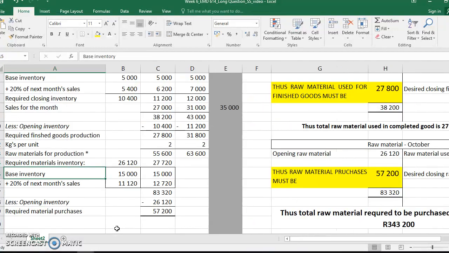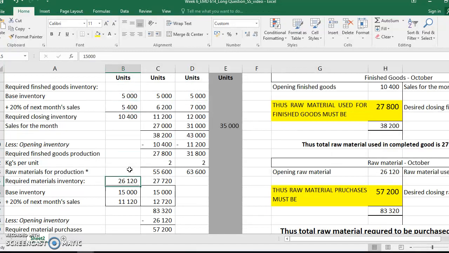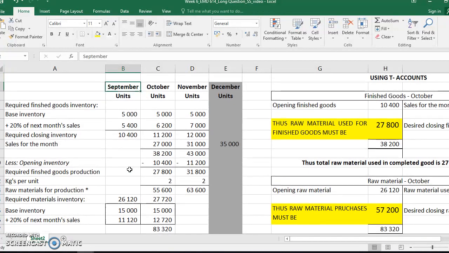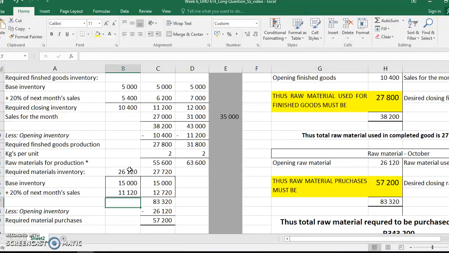27,720, and then the opening raw material, we do the same exercise for September, and September is base inventory of 15,000 plus 20% of next month's production.